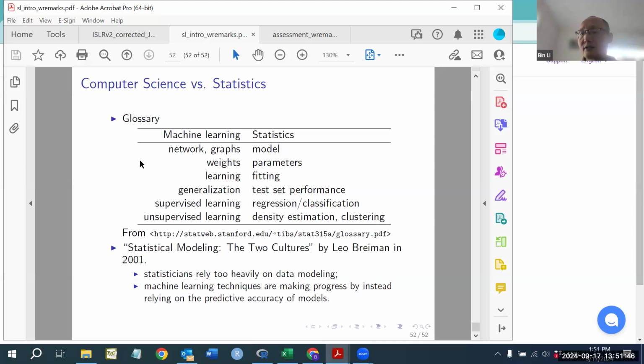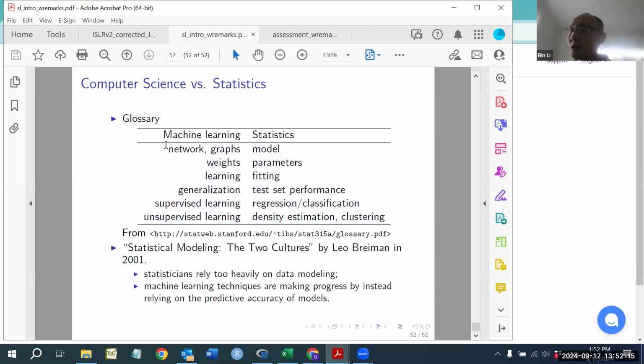Because statistical learning that we focus on here overlaps with AI's learning. So in artificial intelligence and computer science, they use different language. They use different technical terms. So here I listed a short table that shows just a few of them.